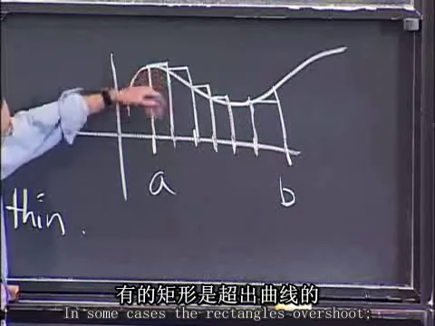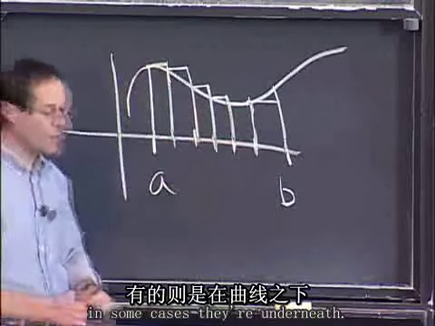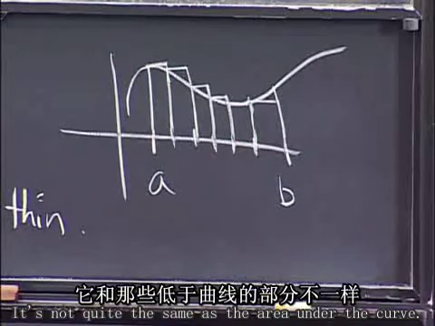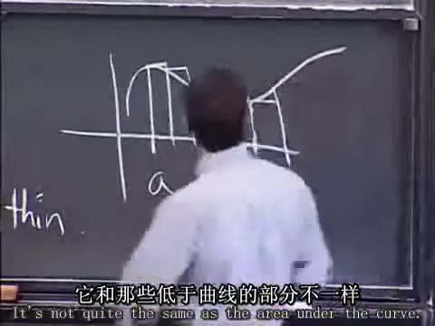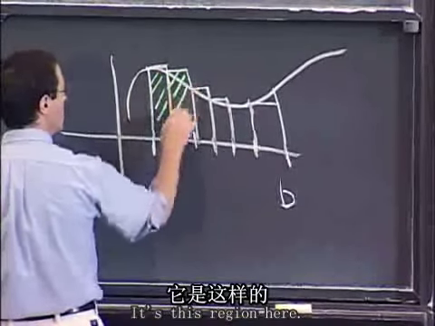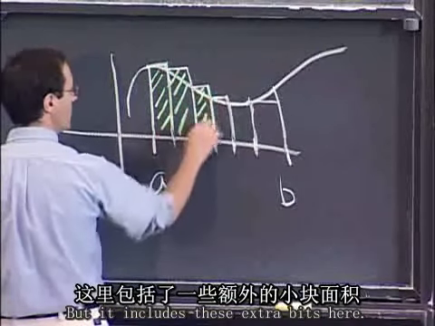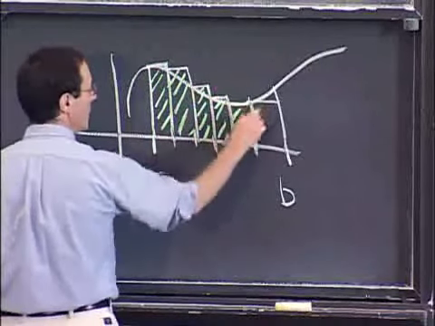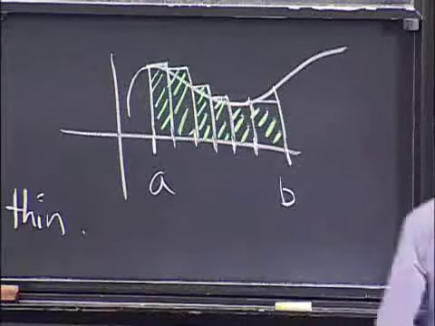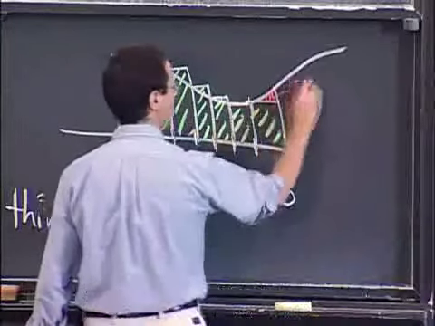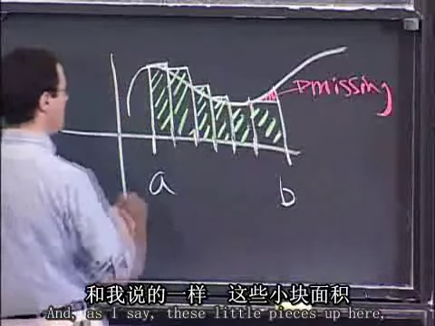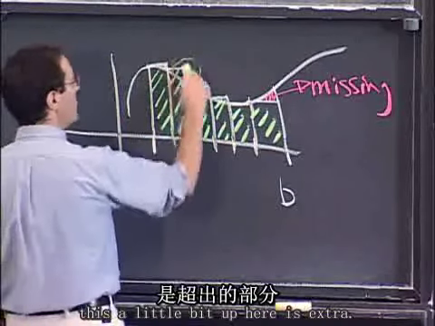In some cases, the rectangles overshoot. In some cases, they're underneath. So the new area that I'm adding up is off. It's not quite the same as the area under the curve. It's this region here, but it includes these extra bits here. And then it's missing this little guy here. This little bit there is missing. And as I say, these little pieces up here, this little bit up here is extra.